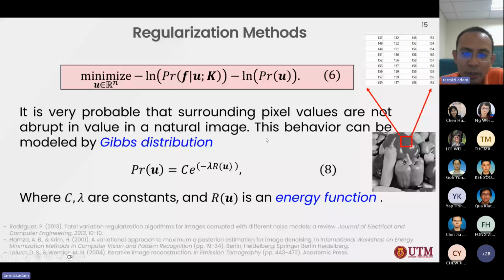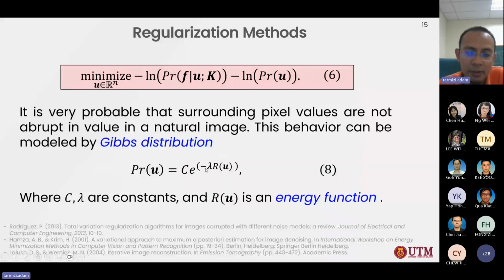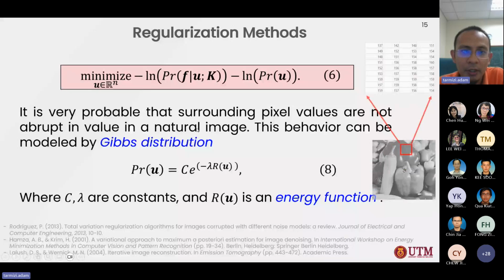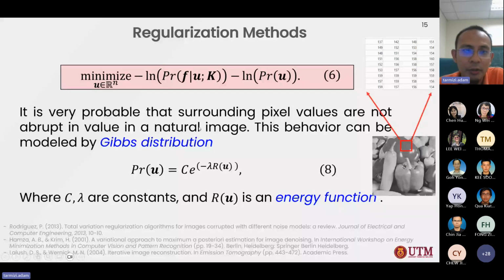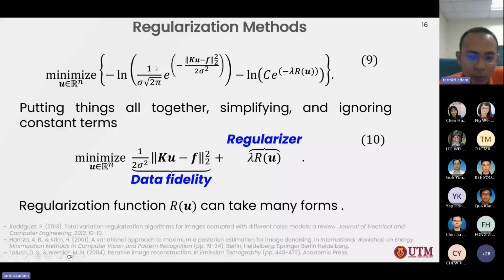If you take this Gaussian and also this Gibbs distribution and substitute them in the equation over here, and then you do the simplifications and so on, you will get this regularized objective function.